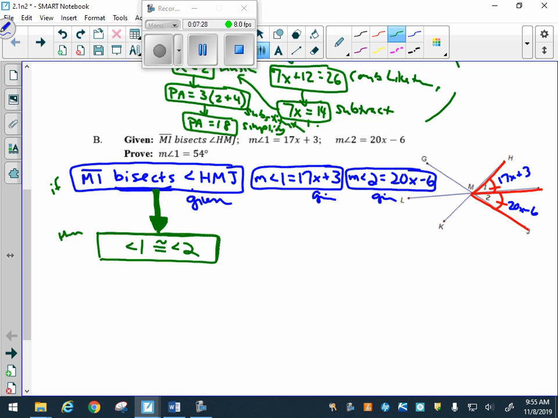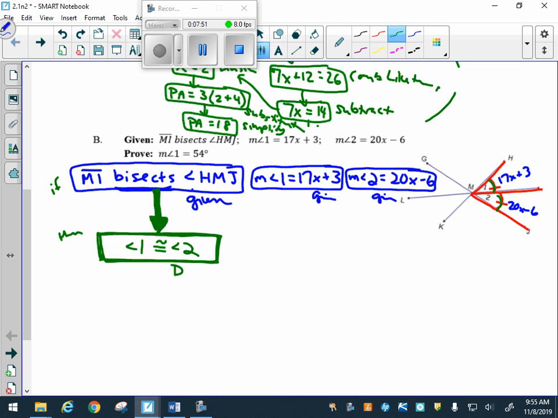Basically what you're doing here is when you mark your diagram, you're going to then make the conclusion of exactly what you marked. We marked angle 1 congruent to angle 2, therefore we're going to state angle 1 is congruent to angle 2. Directly pointing down from the given that allowed you to mark the diagram that way.